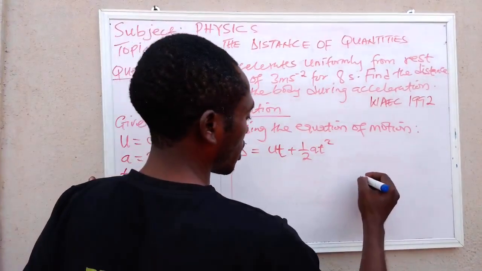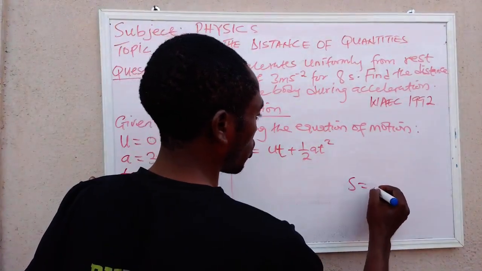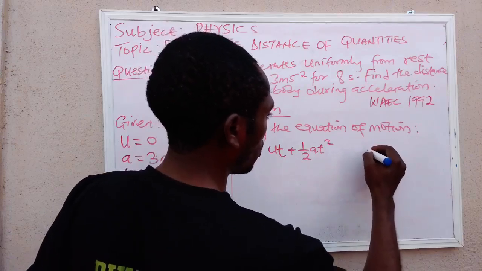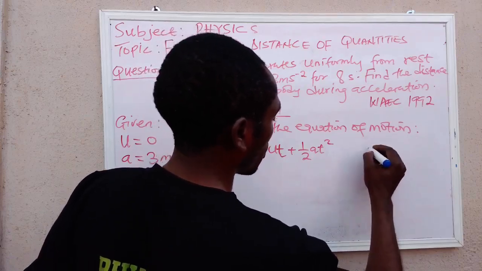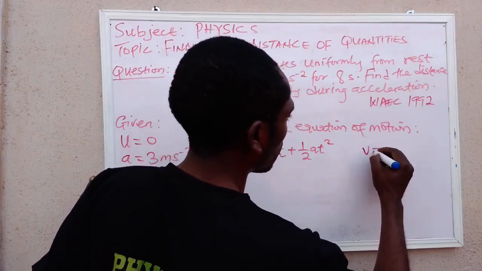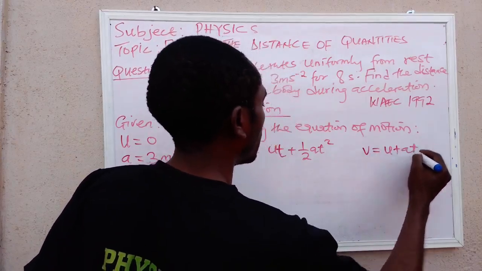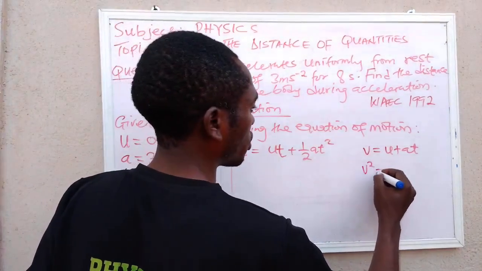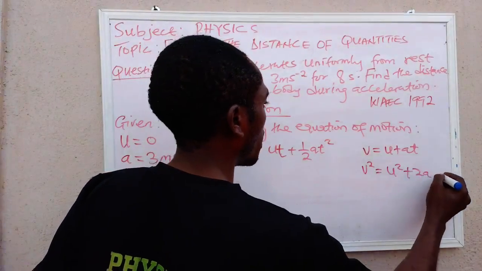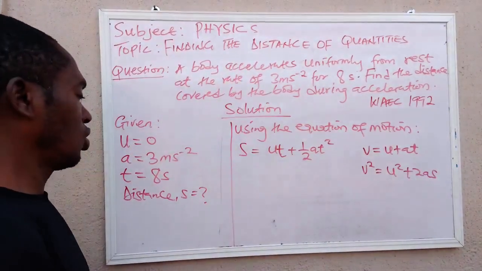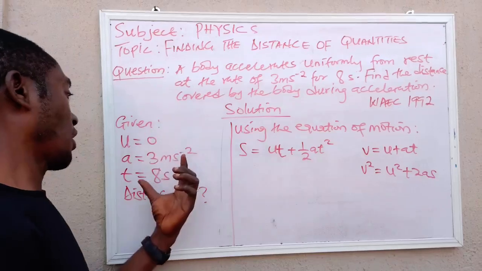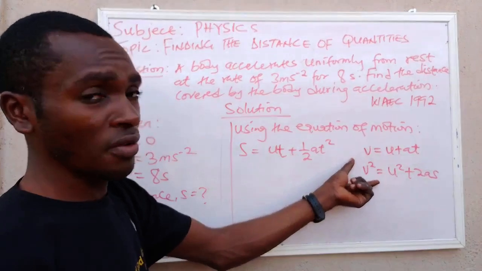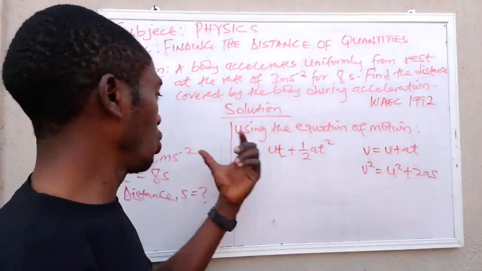There's also another relationship: v is equal to u plus at. You can have this. Now you also have another relationship that says v squared is equal to u squared plus 2as. We cannot use this because we might decide to use it, but it will take us a long way, since you have to look for the final velocity, which you don't have here.